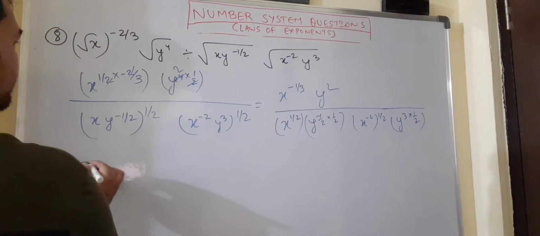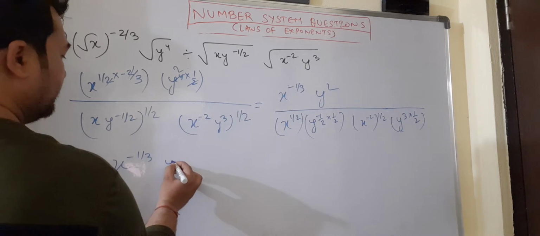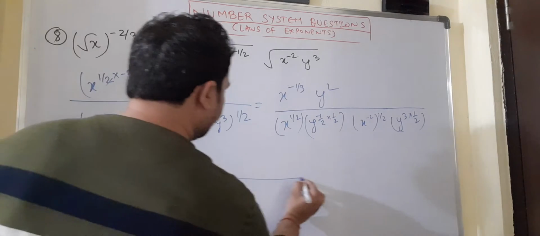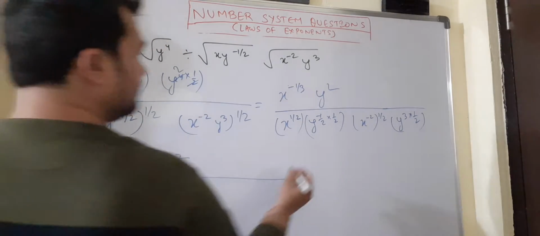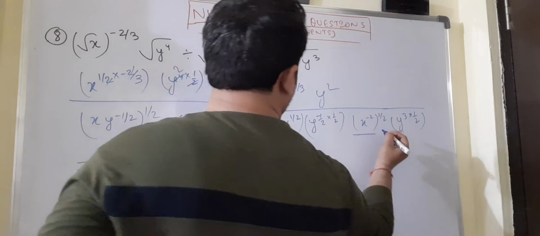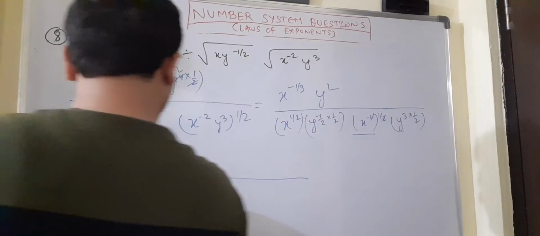What do you observe? x to the power minus 1 by 3, y to the power 2 divided by x to the power 1 by 2.